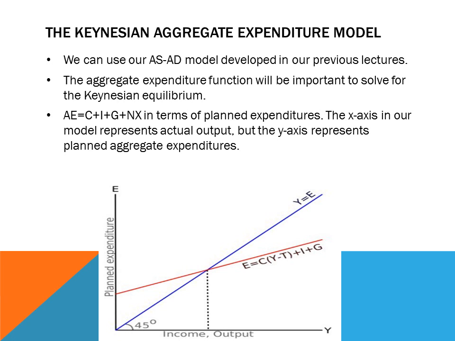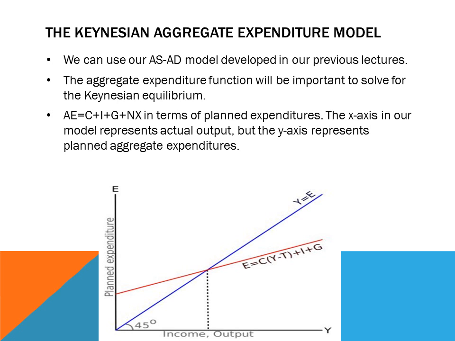In the model below, we have aggregate expenditures, which is the red line, and this is equal to consumption plus investment plus government spending, and if we want to use an international macroeconomic model, we would also include net exports. And this tells us for each level of actual output, or national income, how much planned expenditure is happening in the economy. So the x-axis in our model represents actual output, but the y-axis represents planned aggregate expenditures.